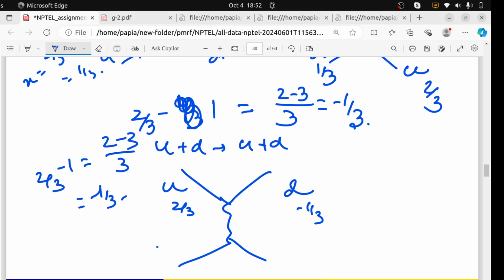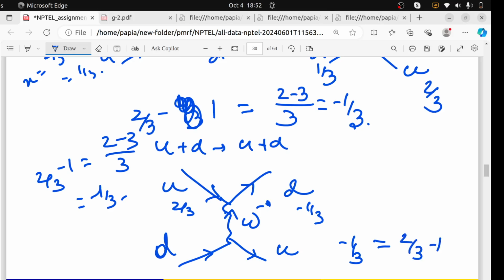And here it is D, U, so W minus is coming. This one is also fine. Here D is minus 1 by 3 and W is going, that means it equals 2 by 3 minus 1, 2 minus 3, minus 1 by 3.